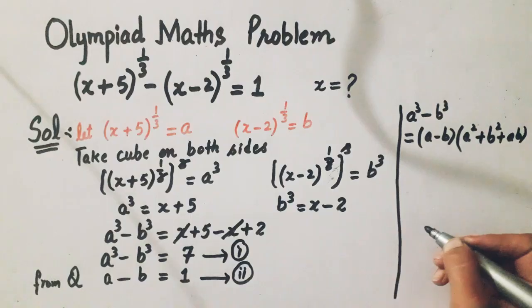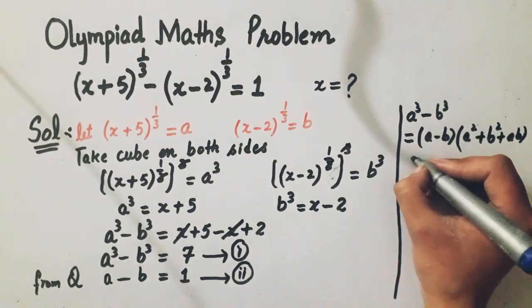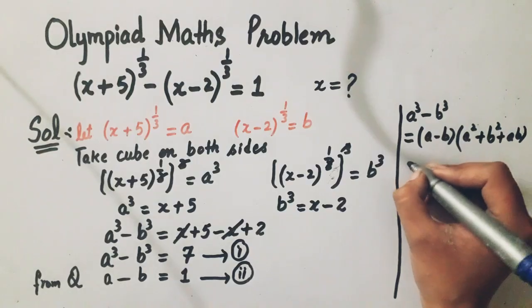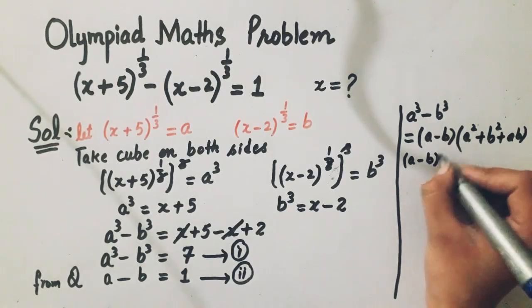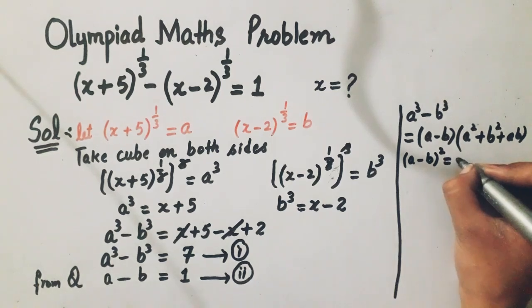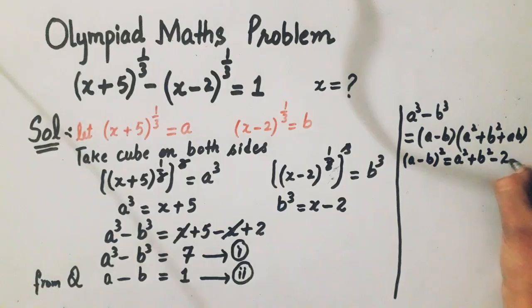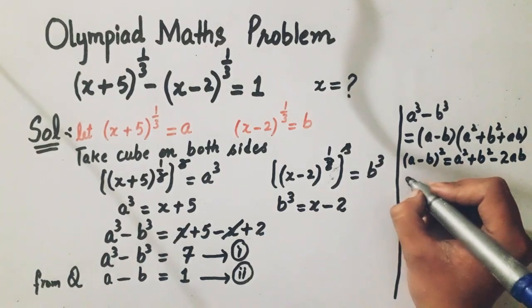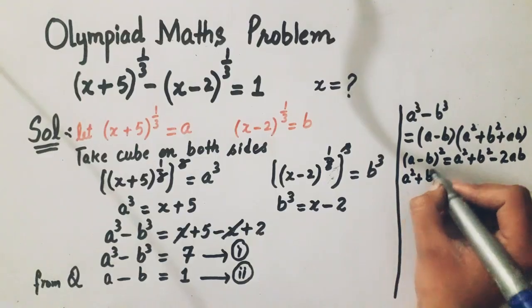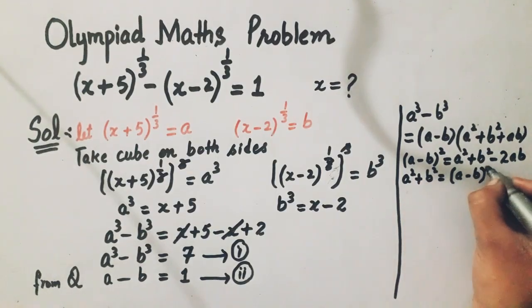This is the formula of a cube minus b cube. Another thing that we have, a minus b whole square equals a square plus b square minus 2ab, this is another formula. From this we can find the value of a square plus b square. So a square plus b square equals a minus b whole square plus 2ab.